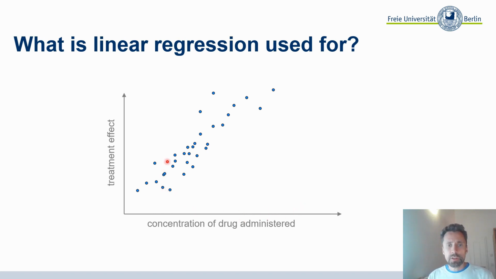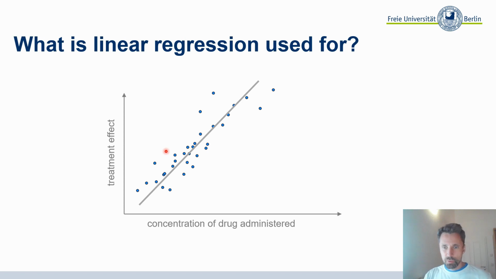Each of these dots here would correspond to a certain amount of drug that we delivered and a certain effect that we have quantified. Linear regression can be used to see if there is some relationship between these variables and how strong this correlation is, how much of the variance can be explained by this linear model.